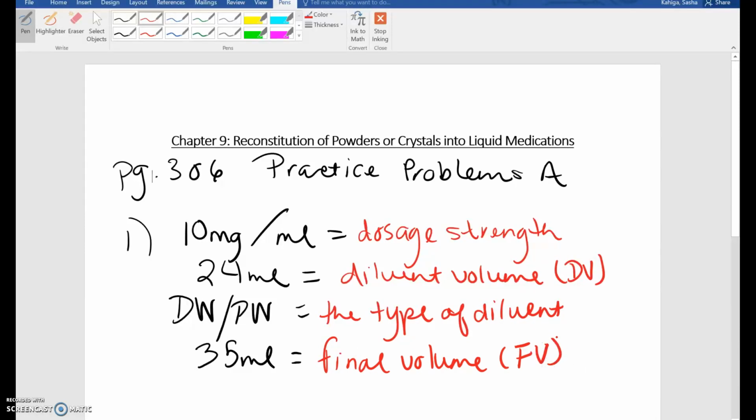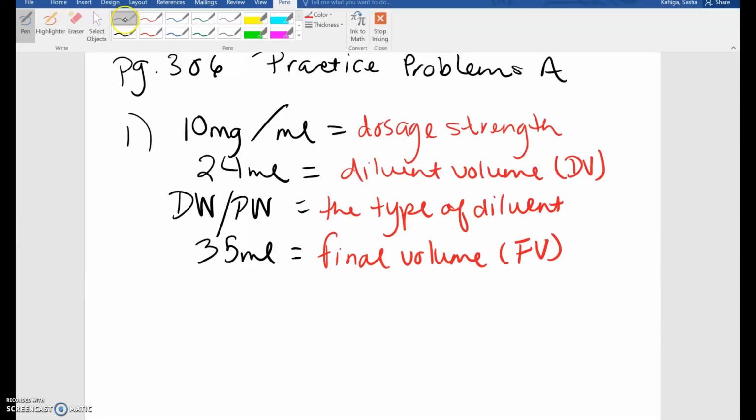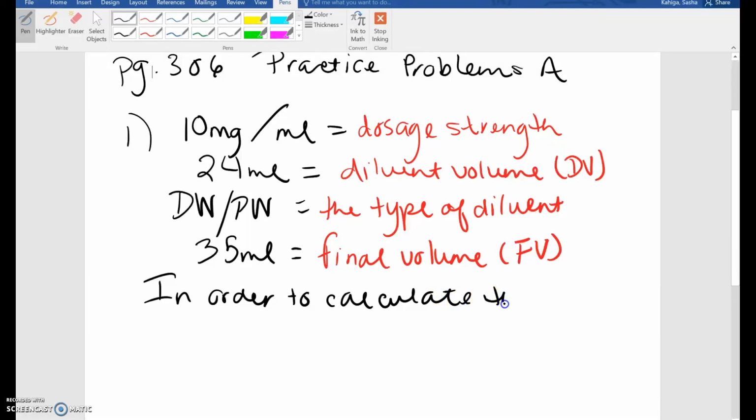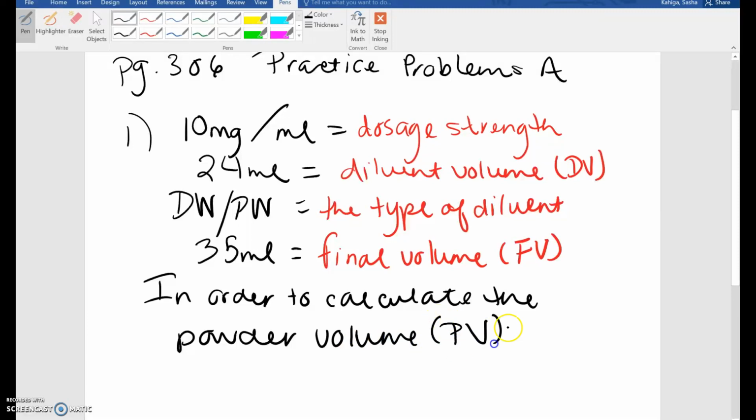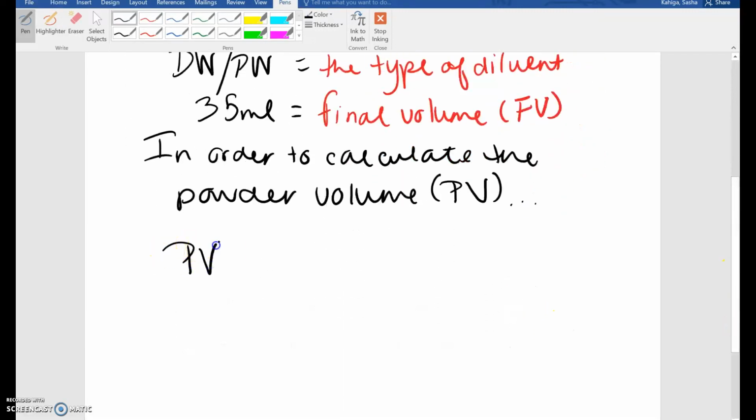So if the instructions are for us to determine the powder volume for these problems, in order to calculate the powder volume of a problem, I'm going to put PV, you need to remember this formula. Your formula is PV for powder volume equals FV minus DV.